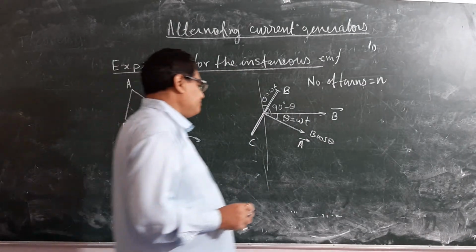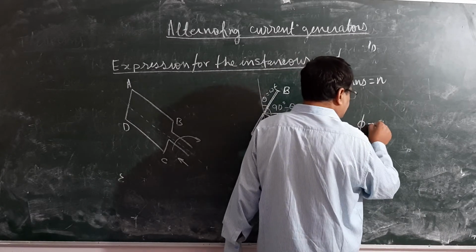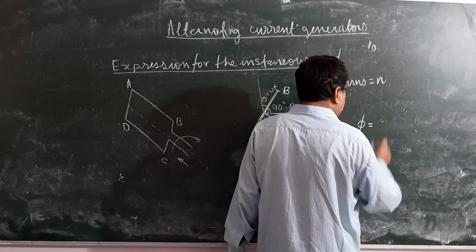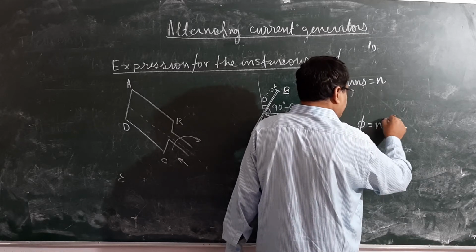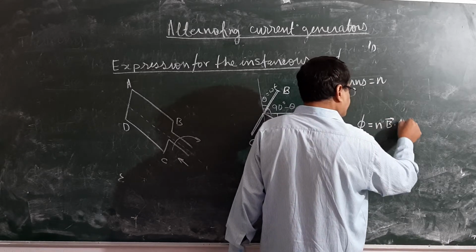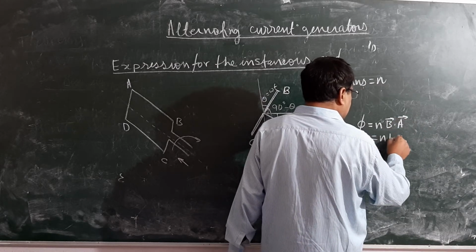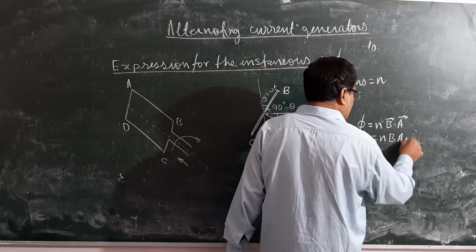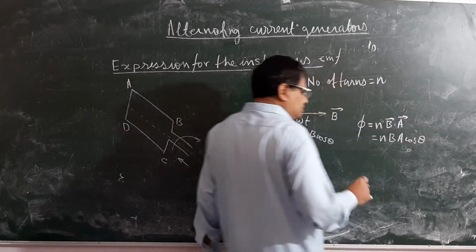Then we can say that the flux associated with the coil is equal to the number of turns multiplied by B dot A. So that is equal to N multiplied by BA cos theta, and theta is equal to omega t.